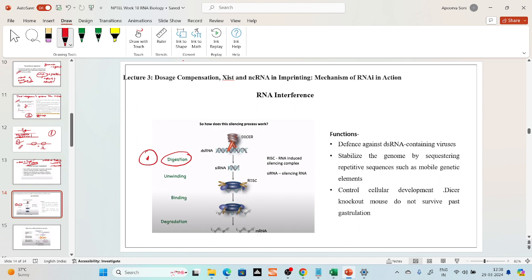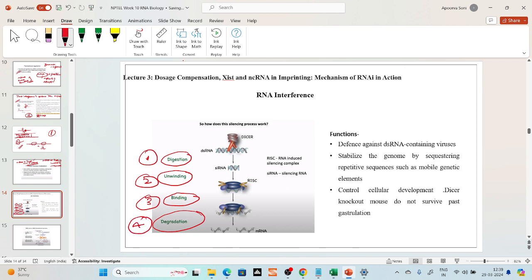So first step is digestion. Second step is unwinding. Then this siRNA will bind to the mRNA which has to be silenced. So third is binding. And afterwards, it degrades that mRNA. So fourth is degradation.